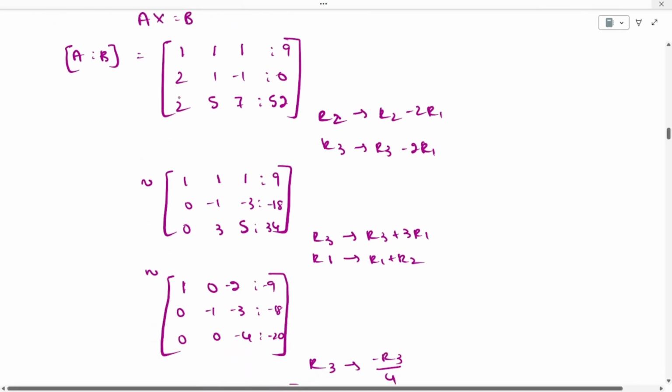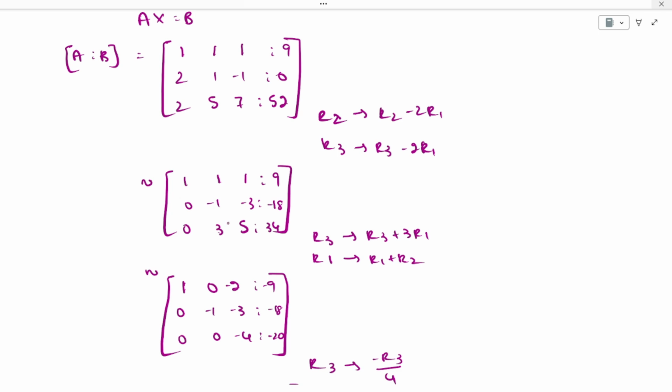See here R2 is there, right? You will make it 0, and again R3 is there, right? That also you will make 0. That means these two terms will become 0. Minus 1 minus 3 minus 18, 3 5 and 34 it will become. Now R3, that means here you have to make it what? 0 again. Here it is what? Minus 1.